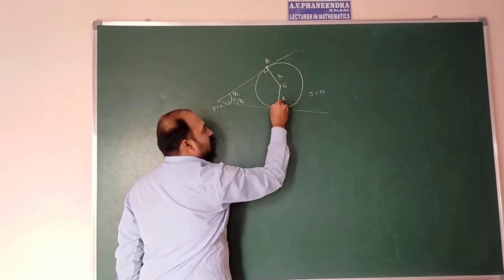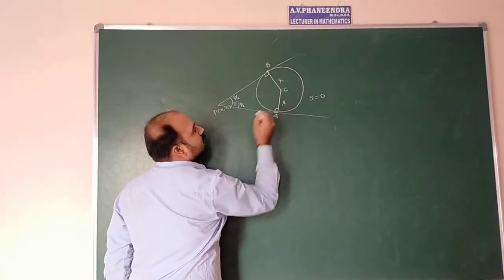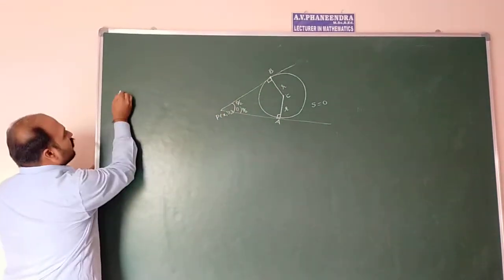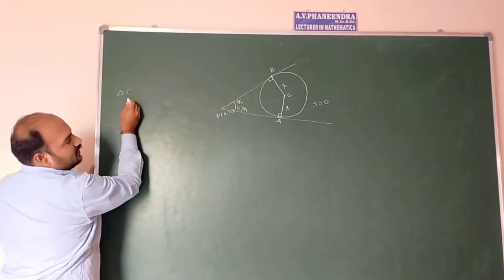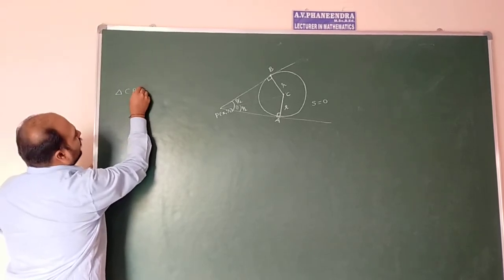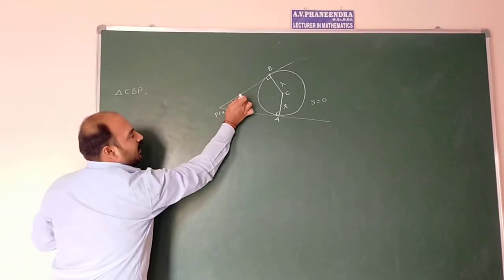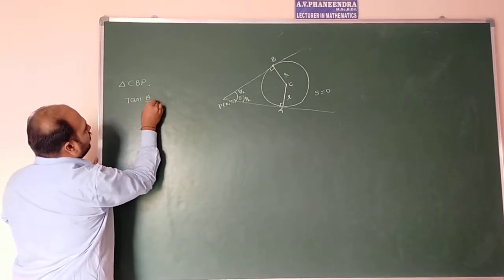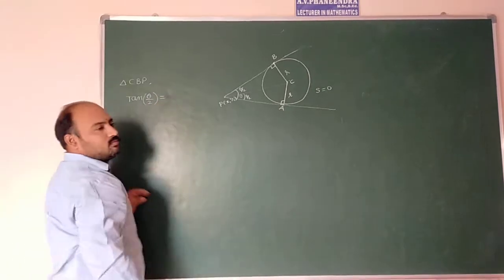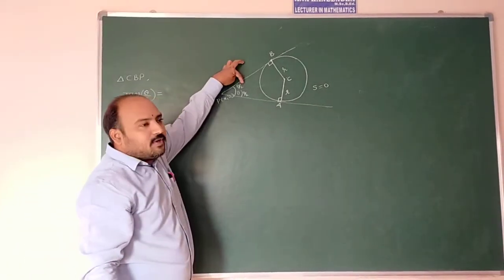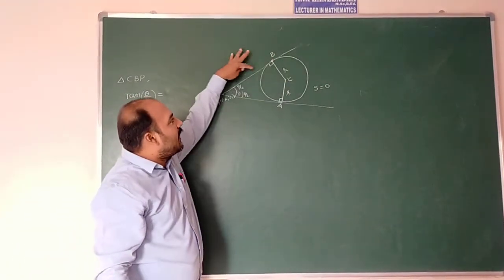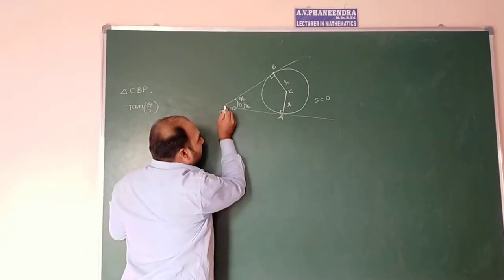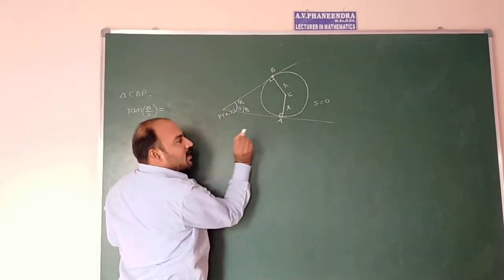Observe that here it is a right angle triangle, triangle CBP. From triangle CBP, tan theta by 2 equals, here the angle is theta by 2, so tan theta by 2 is opposite by adjacent side. Here from here to here, what is the meaning?